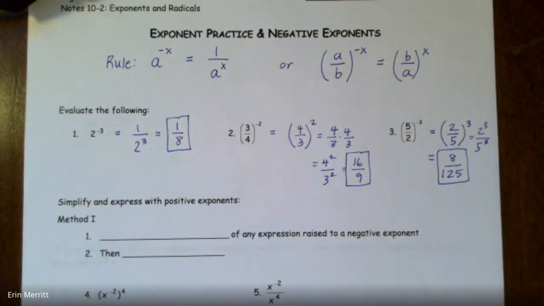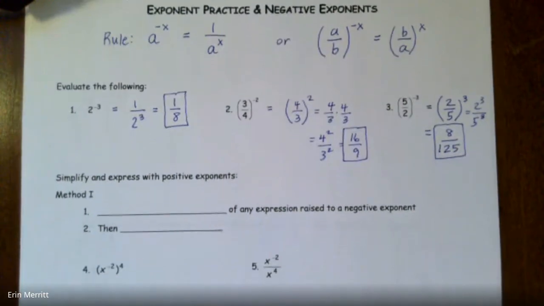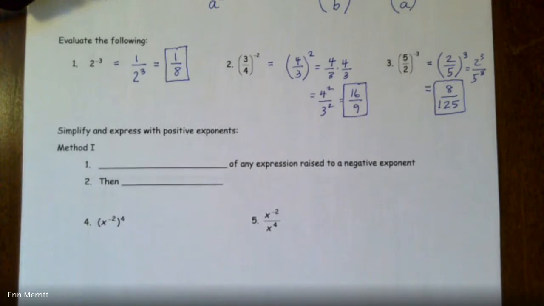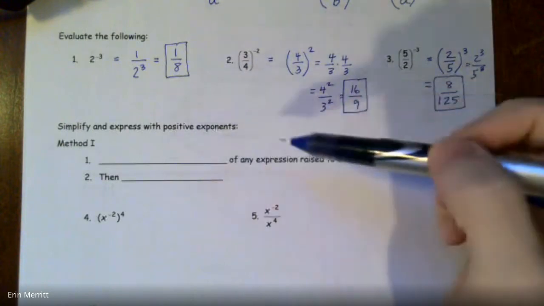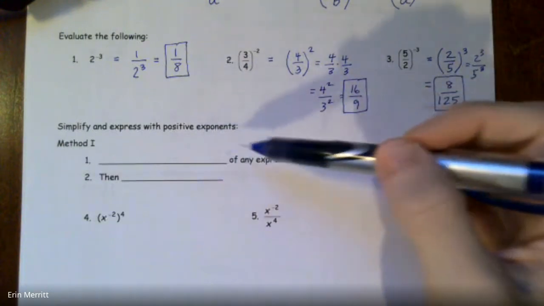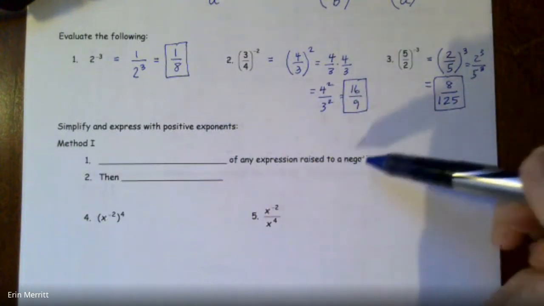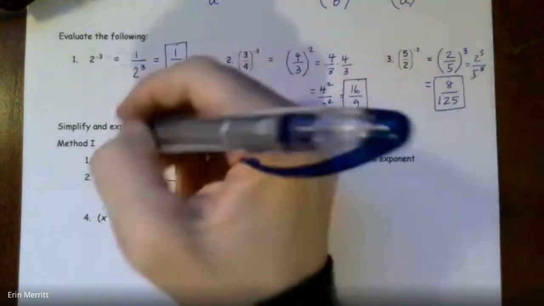When we hit this next part, I'm going to show you a couple different methods, because sometimes you might see it one way versus another, but then I'll tend to kind of stick with one way to look at it. All right. So for this first set, when I said method 1, it says blank of any expression raised to a negative exponent. So if it's raised to a negative exponent, we would take the reciprocal.